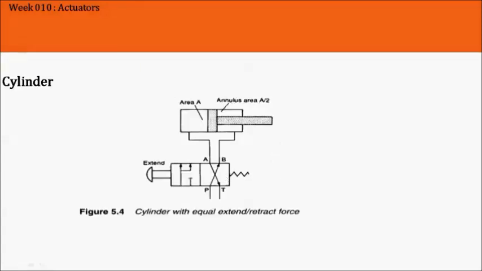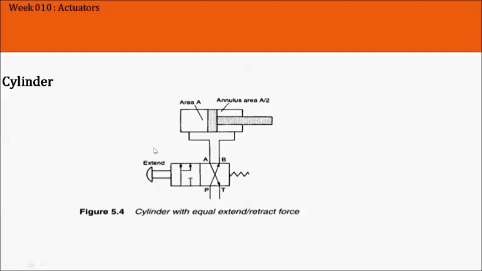That is an example of a cylinder also. A cylinder with equal extend and retract force. Okay, this one is only an example of a simulation of hydraulics. You only connect this one to this cylinder actuator, then it will extend or push this one forward.